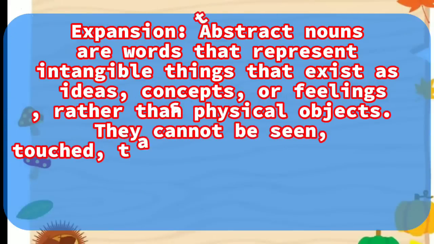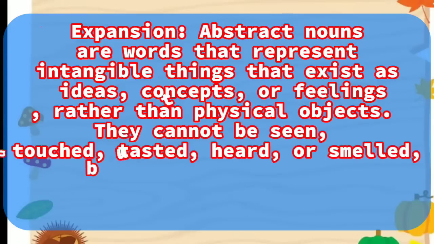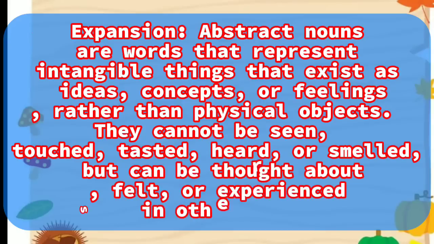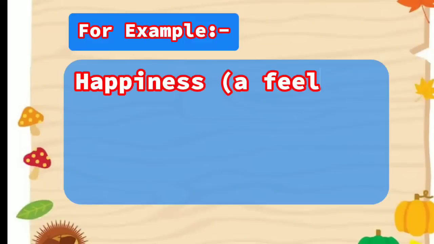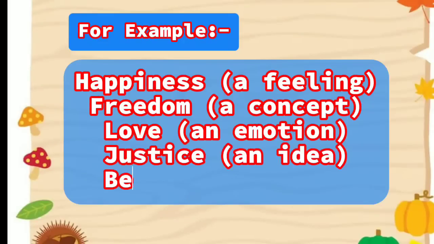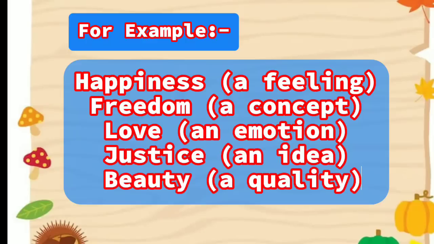They cannot be seen, touched, tasted, heard, or smelled, but can be thought about, felt, or experienced in other ways. Example: happiness, a feeling; freedom, a concept; love, an emotion; justice, an idea; beauty, a quality.